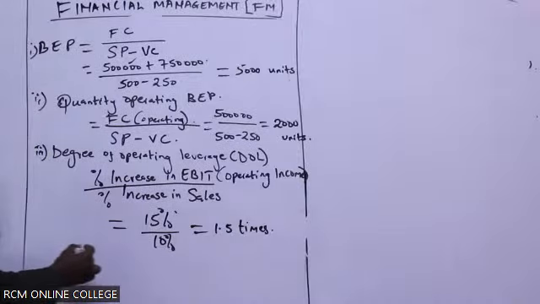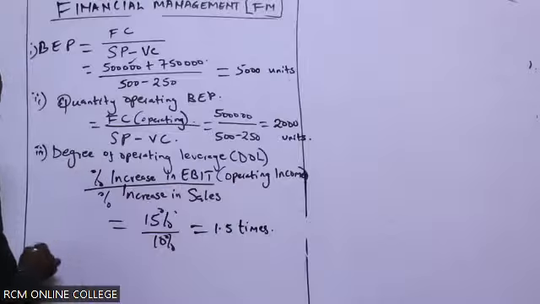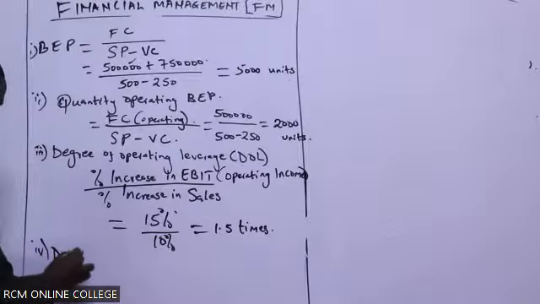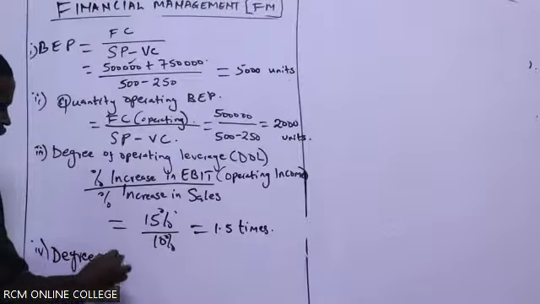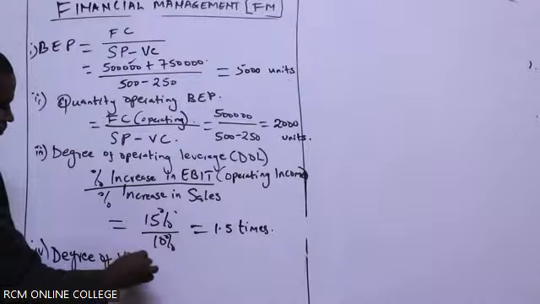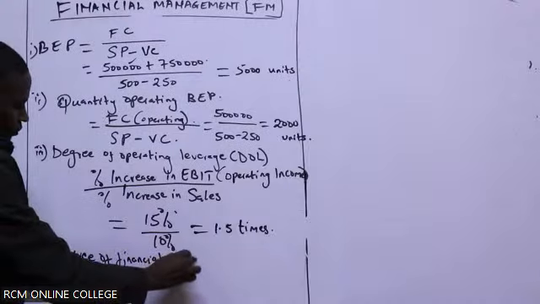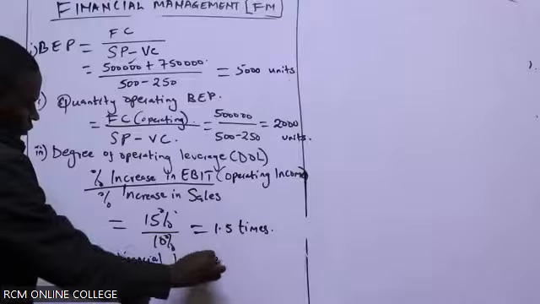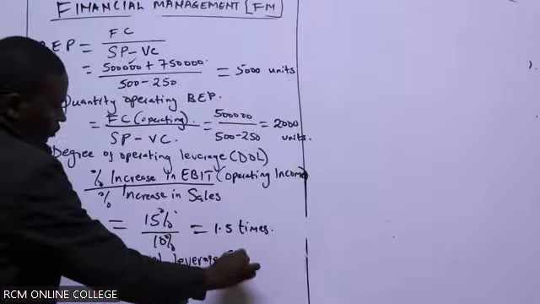Good. Then we go to the next one, Roman number 4. It is degree of financial leverage. Degree of financial leverage, DFL.